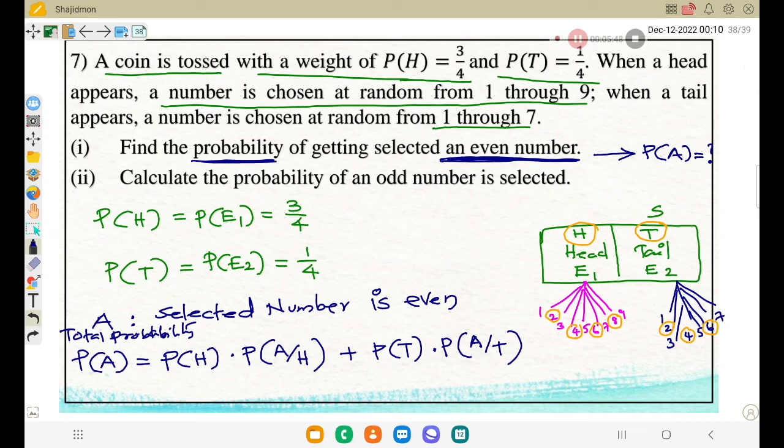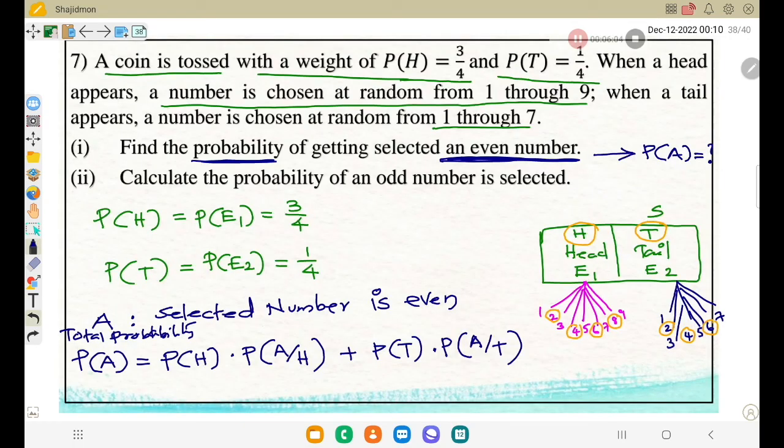Now we need to calculate these numbers separately, okay? What numbers do we need to calculate? The probability of A given head and the probability of A given tail, correct? If we get these two numbers, we can apply them here.